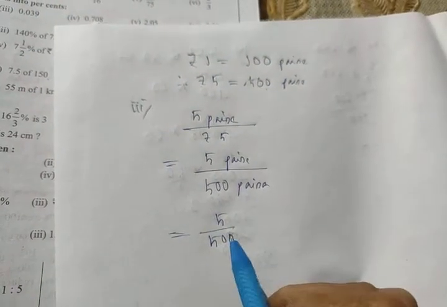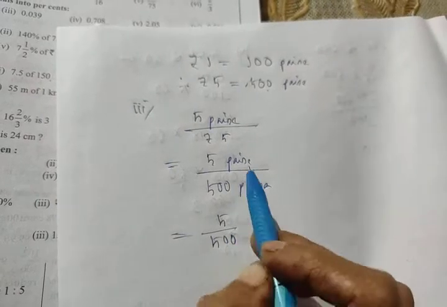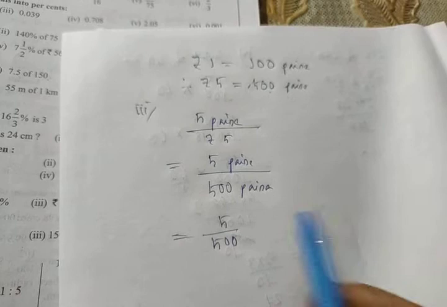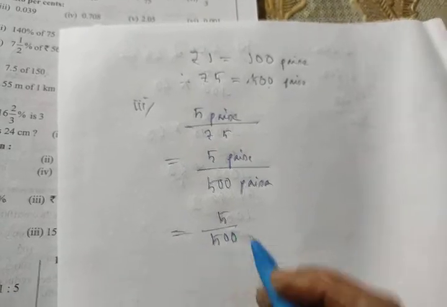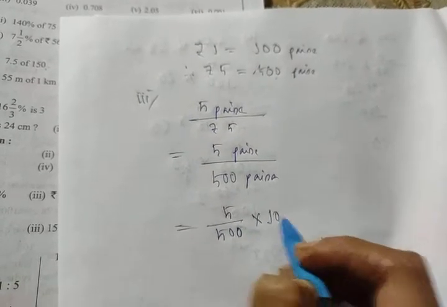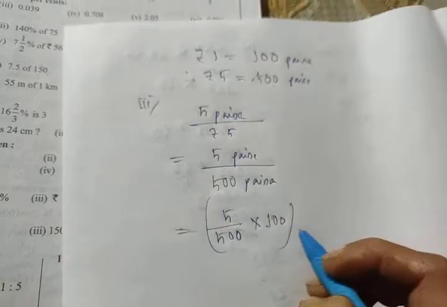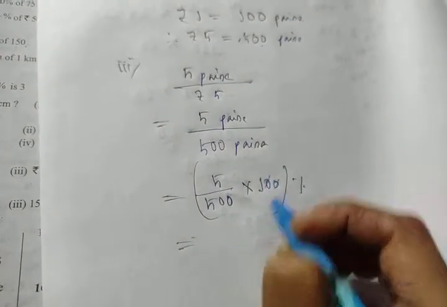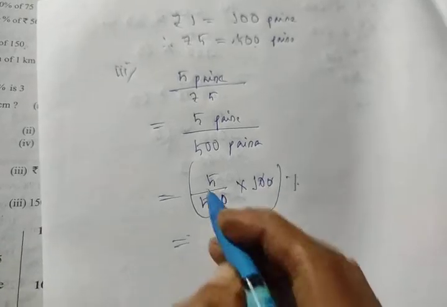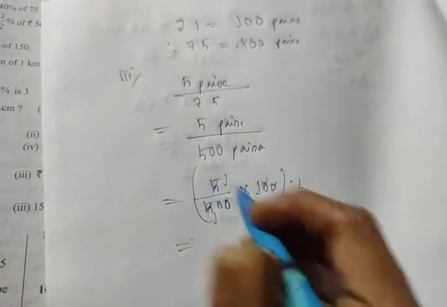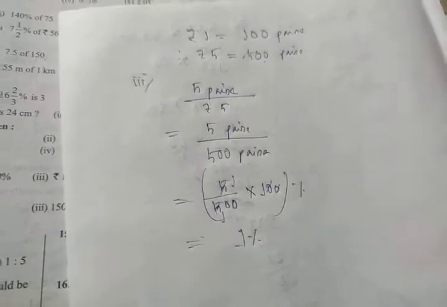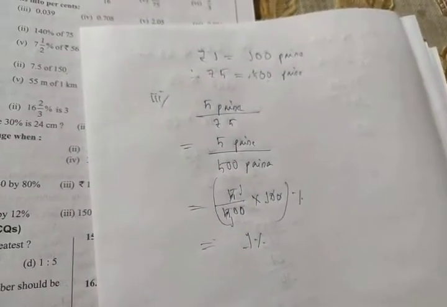This is the meaning of 5 paisa of 500 paisa, or 5 paisa of rupees 5. Now when we need to convert this in terms of percent, we need to multiply by 100 whole percent. Is it clear? So you can simply cut the zeros. 5 ones are 5, 5 ones are 5. So it will be 1%. I think this is clear for everyone.